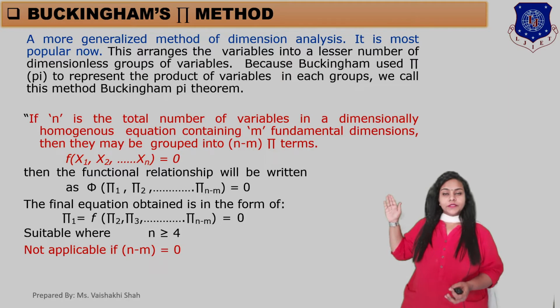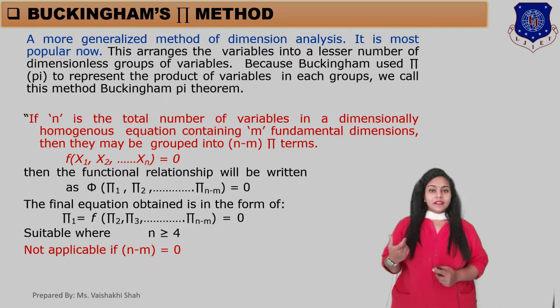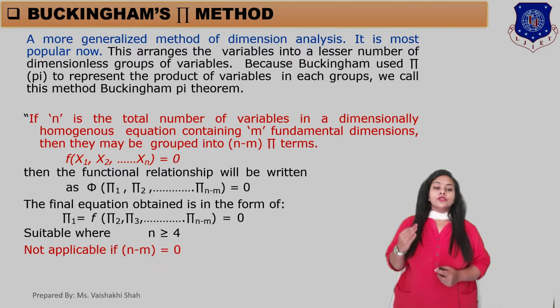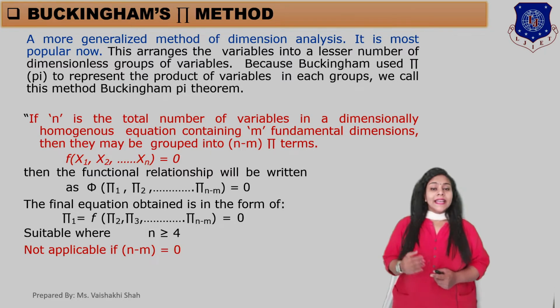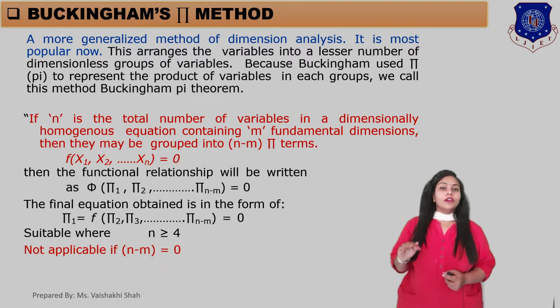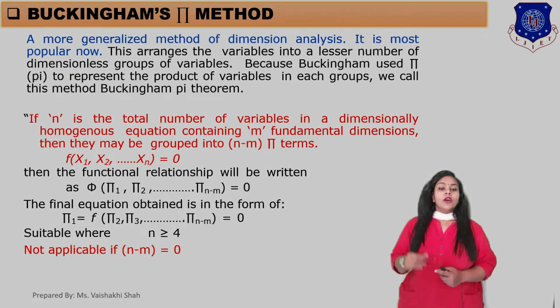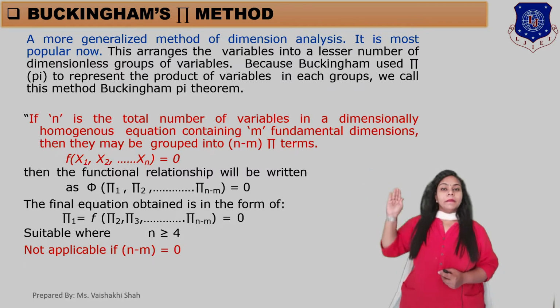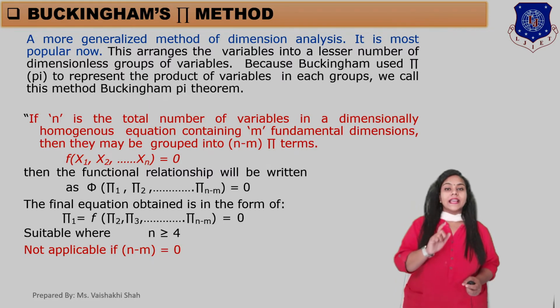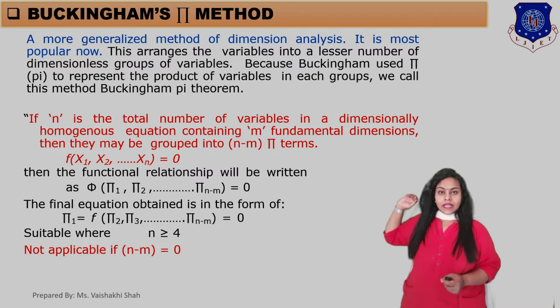In the Buckingham-Pi theorem, the statement is: if n, small n, is the total number of variables in a dimensionally homogeneous equation, containing m, small m, fundamental dimensions, then the variables may be grouped into n minus m pi terms.